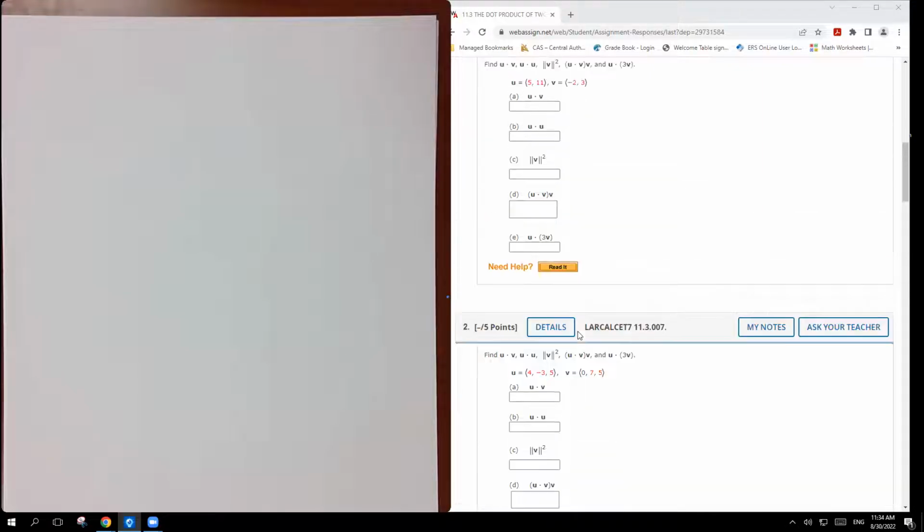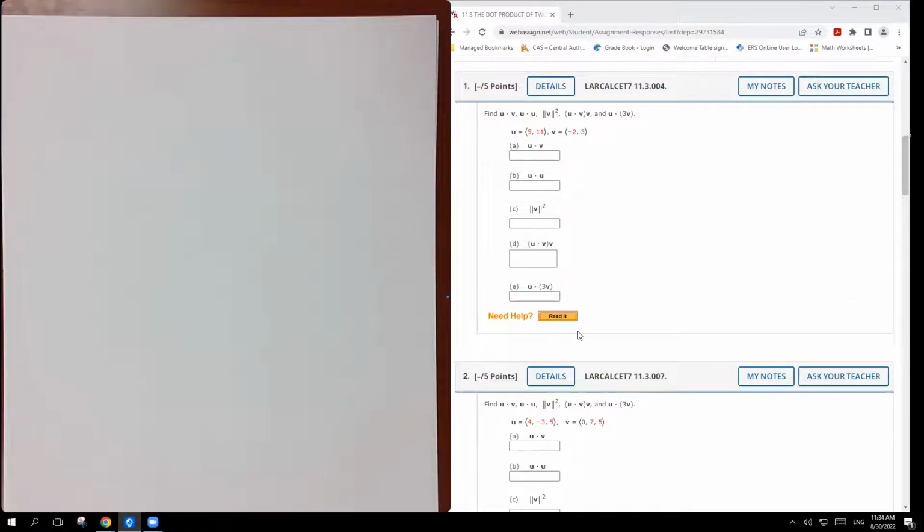Wait, so yes. I've been doing this one and I just can't figure out D. It says find the dot product. What does it say? If you go back to the theorem, go back. Okay, that's it.